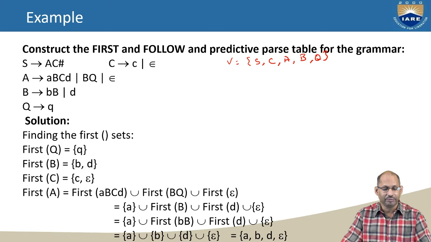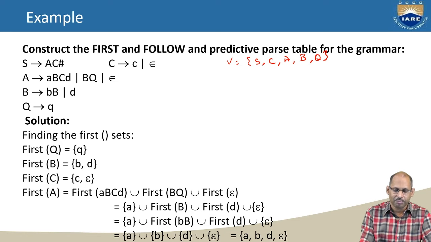If we consider first of S, it depends on first of A. Then first of A depends on first of B. So we come in reverse. Then simply first of Q is Q itself.